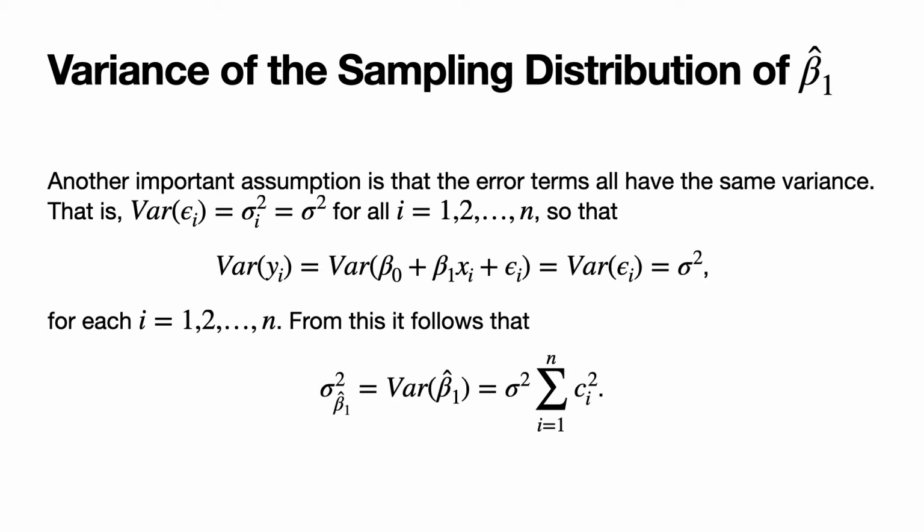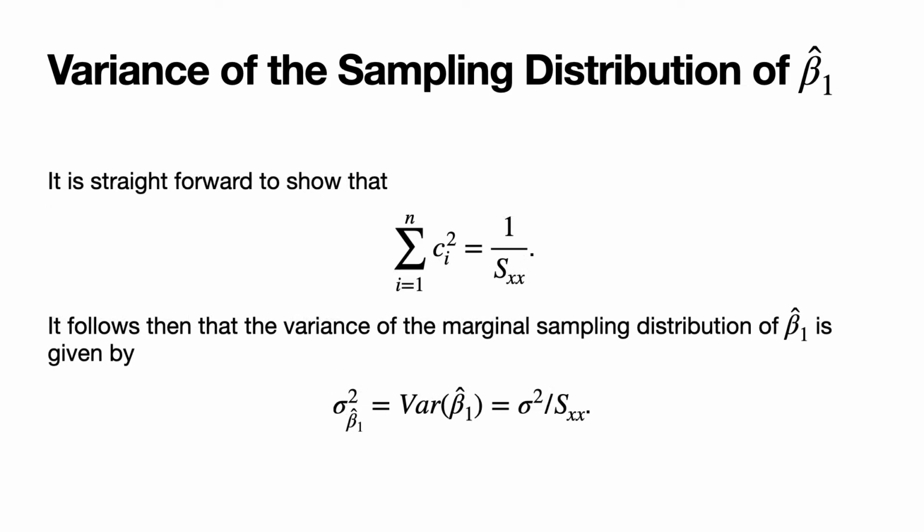And so from this, if we plug that value back into the expression on the previous slide, we see that the variance of beta 1 hat is equal to sigma squared times the sum of the squared c values.